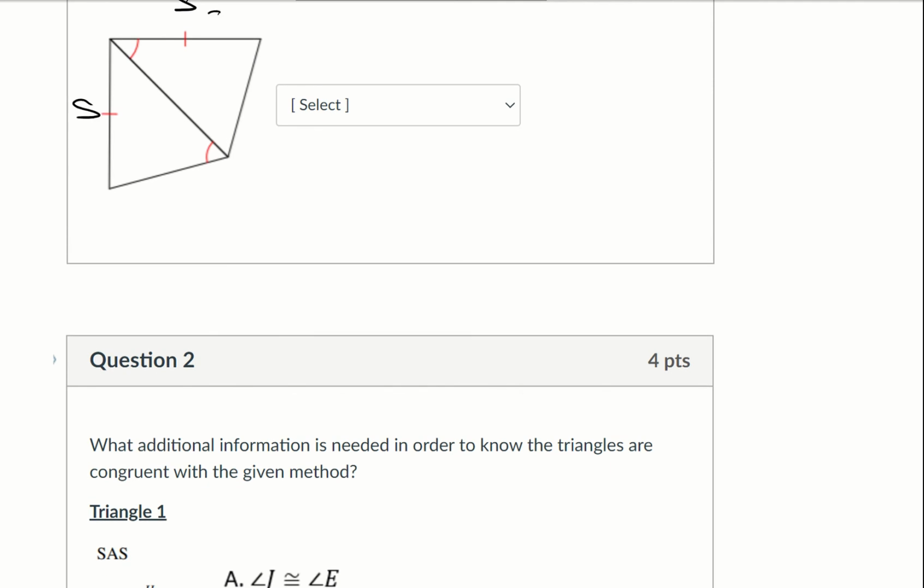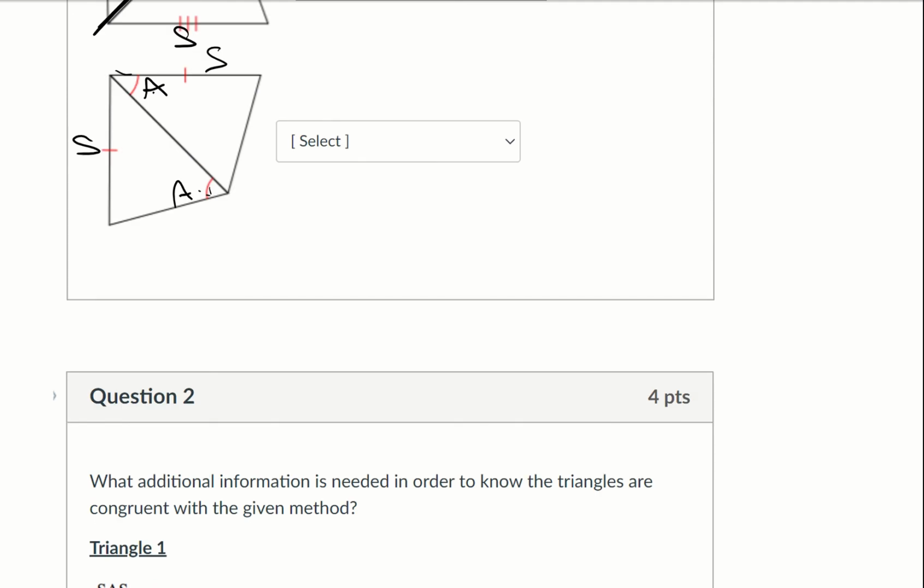We have a side corresponding to a side, and an angle corresponding to this angle. But notice that even though these angles are the same, the sides do not correspond. This side would more correspond to here, but notice that the angles are not in the same position compared to the side.